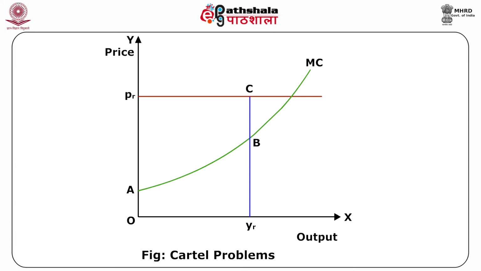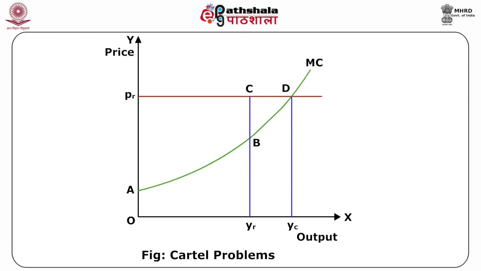It has been observed from figure 2 that given the price PR, there is a possibility for our particular firm to increase output up to YC to make higher profit, because throughout the output range O to YC, the price, which is equal to marginal revenue, exceeds marginal cost, and MR is equal to MC at output YC, giving maximum profit to the member firm.